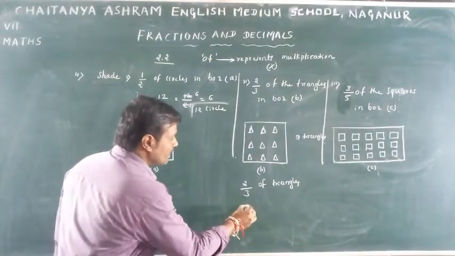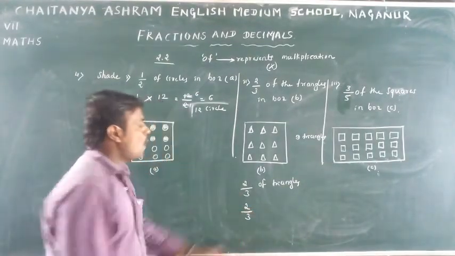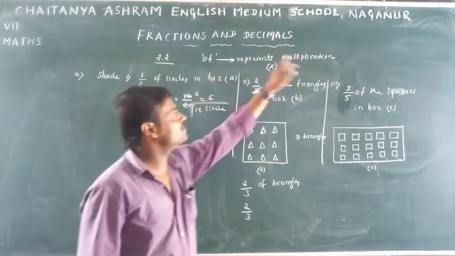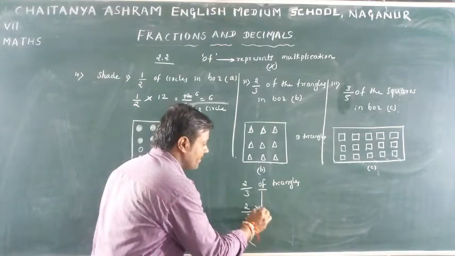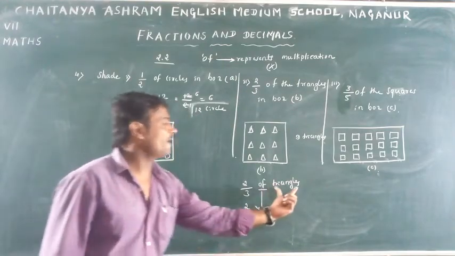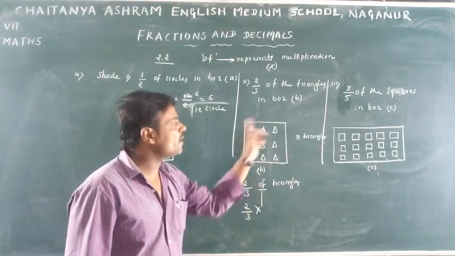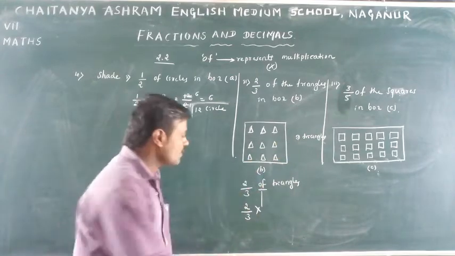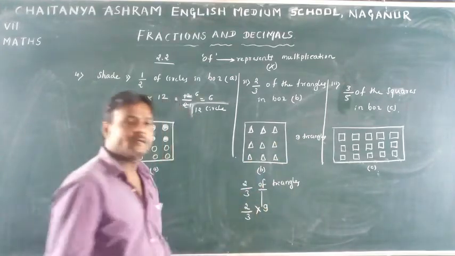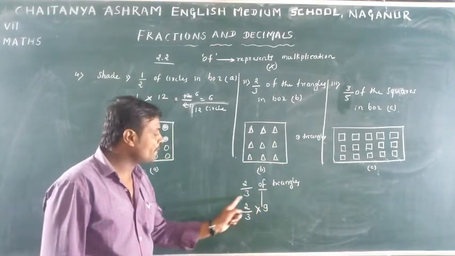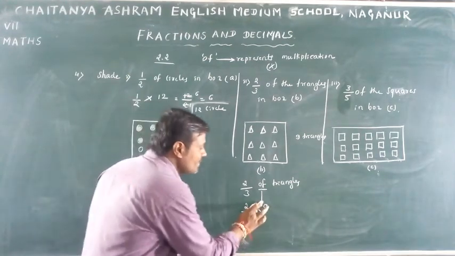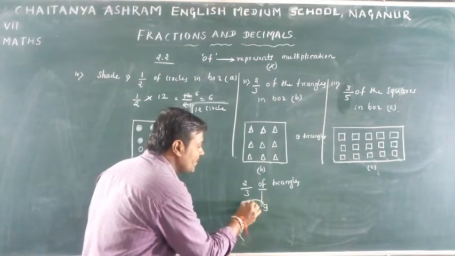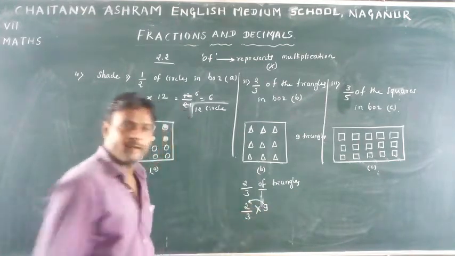That is 2/3 of. That "of" represents multiplication. So instead of "of", write the multiplication sign. How many triangles are there in the box? 9 triangles, so write 9 here. Then we use what we learned about multiplying a fraction by a whole number: multiply the whole number with the numerator of the fraction.